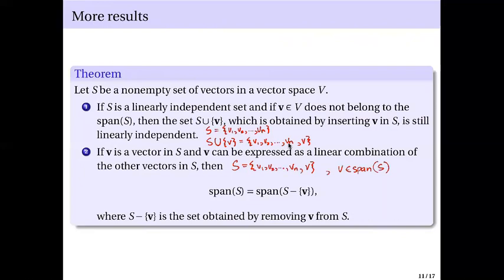Oh, sorry. V belongs to the span of the set V1, V2 until Vn. So V can be expressed as a linear combination of other vectors in S. So your S is this guy. It contains V also. But V is a linear combination of the other vectors, so it belongs to the span of V1, V2 until Vn.